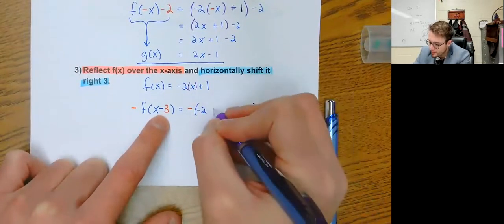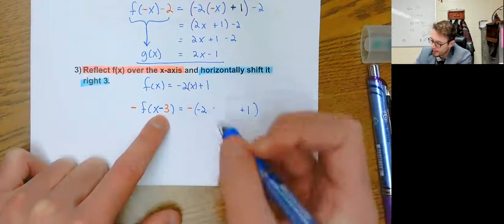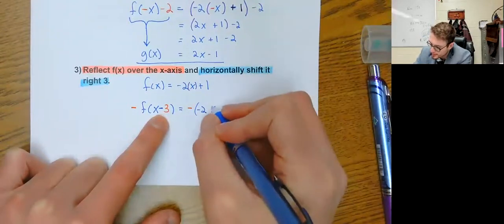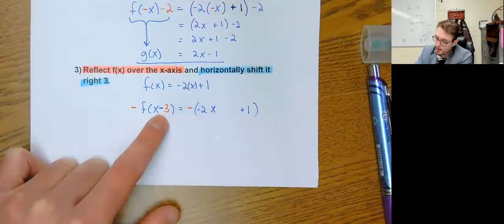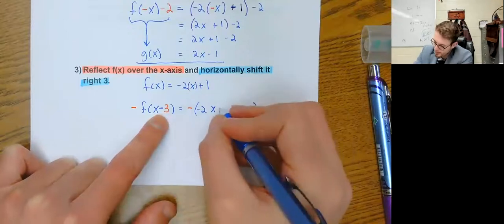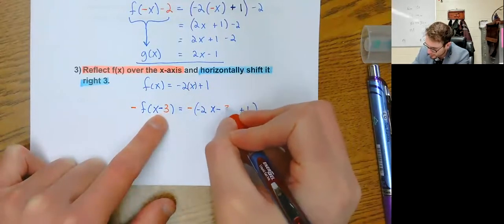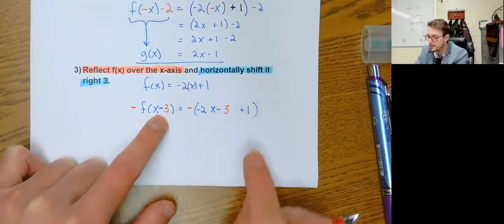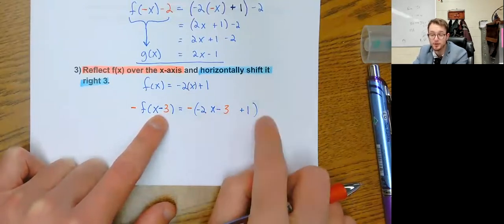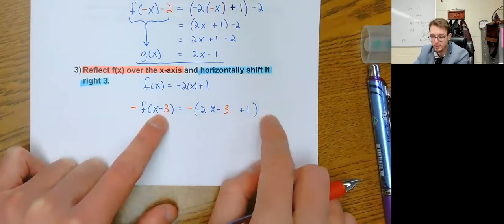Because if I just put x minus 3 there, that looks like negative 2x minus 3 plus 1. But that's not what it is.